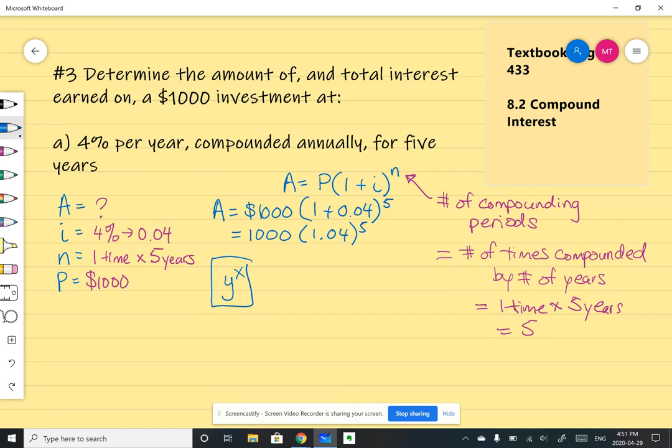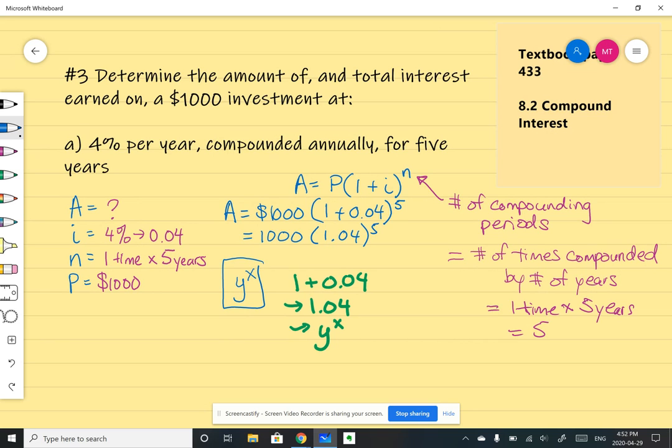If you have this button, what I would normally enter is 1 plus 0.04, and then I would get 1.04. After that, I would press this exponent button, or if you have another button which looks like a little hat, this is called the caret, pronounced just like an orange carrot.